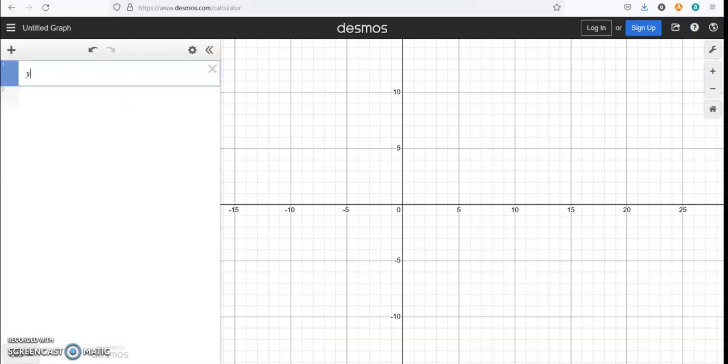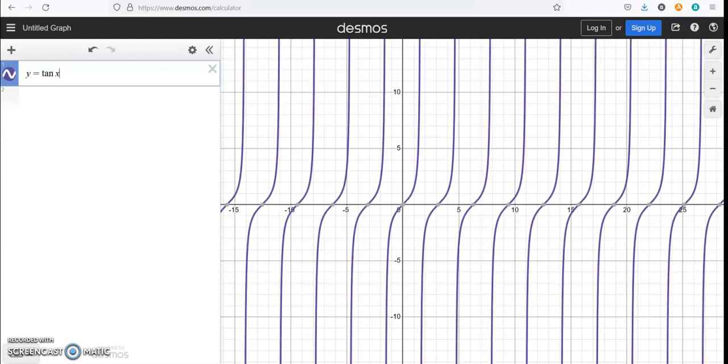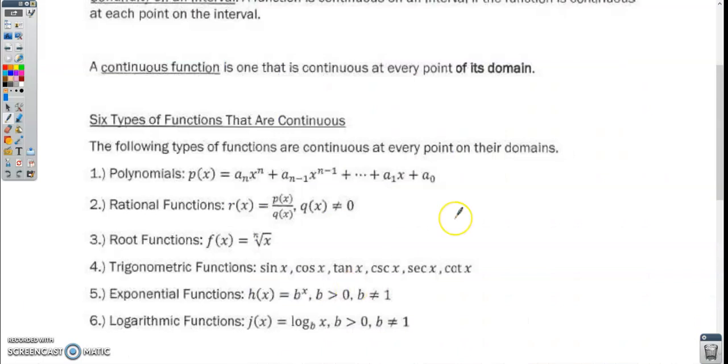If I type in y equals tangent of x, this function has a ton of discontinuities. It's just that all of those discontinuities are at points that are excluded from the domain. So again, we consider all 6 trig functions continuous because they are continuous everywhere in their domain.